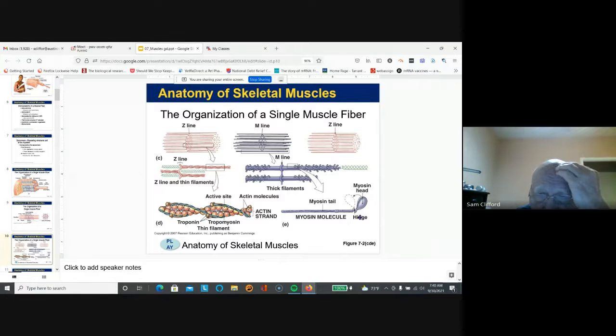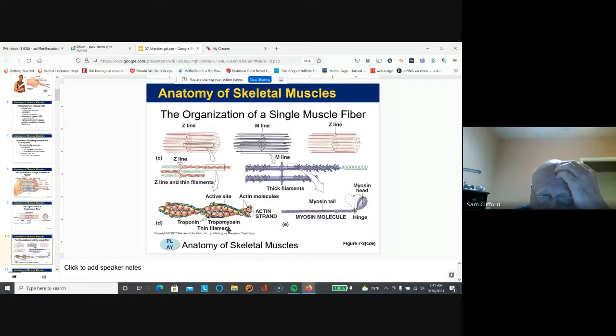This is a hinge, and it allows the head to move back and forth. The thin filament, the actin, is made up of globular proteins, and it has tropomyosin, which are long filaments that surround the actin, and troponin is the little modules, and we'll see what that function is.